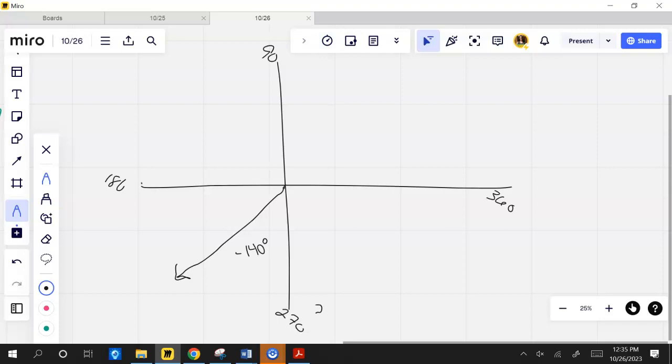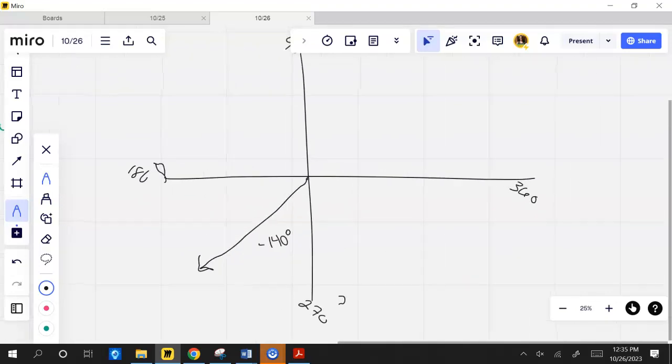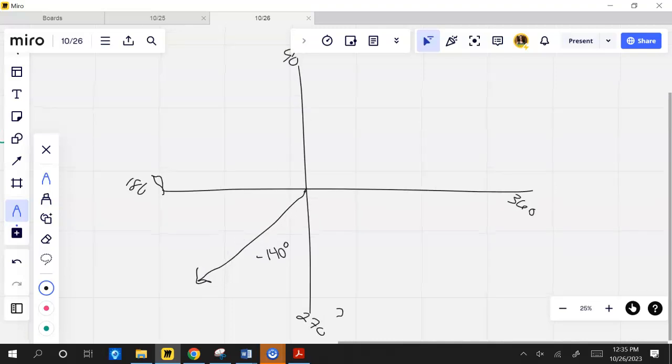If I make it here, that's negative 180. So I'd get a little bit closer to 180, maybe somewhere around here. It's not going to be perfect, but yes, that's all we're doing right now. Thank you, you are a good sport.